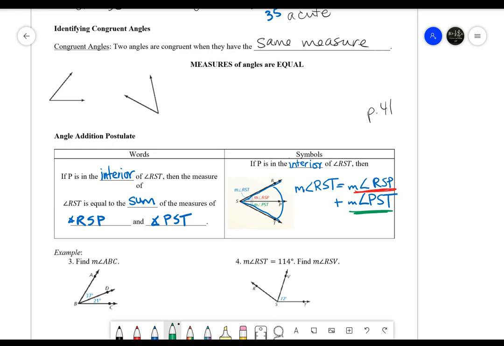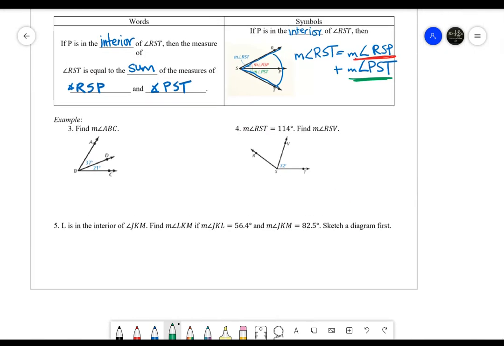And so that's called the angle addition postulate. Now, we're going to go on to finding some angles. So here's how we can use that. Okay, find ABC. Well, if you know ABC is equal to angle ABD plus DBC, and you're given that one is 37 degrees and the other one's 21 degrees, you're going to add those two numbers together and you're going to get 58 degrees.